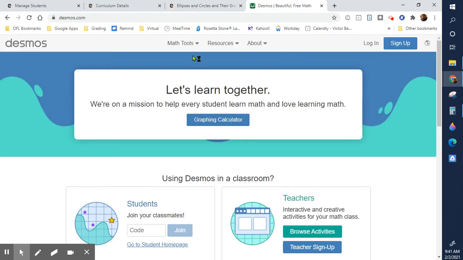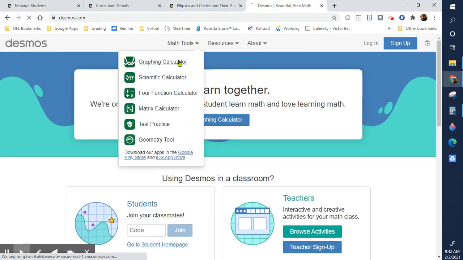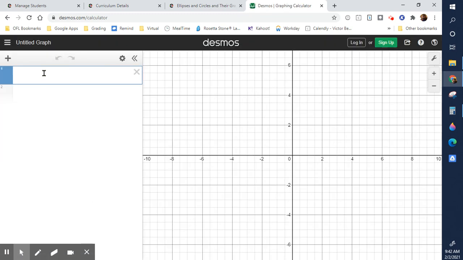You would have to delete the picture, come to the graphing calculator. So you would have fraction plus fraction. I'm just hitting the division sign to make these fractions equals 1.